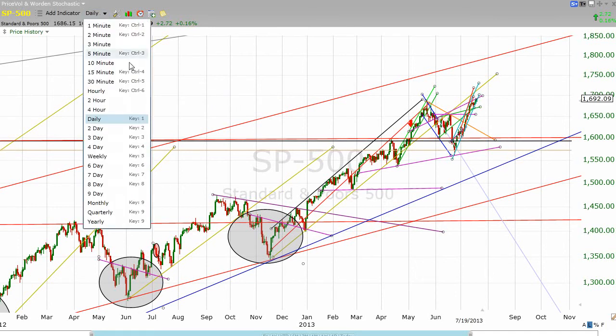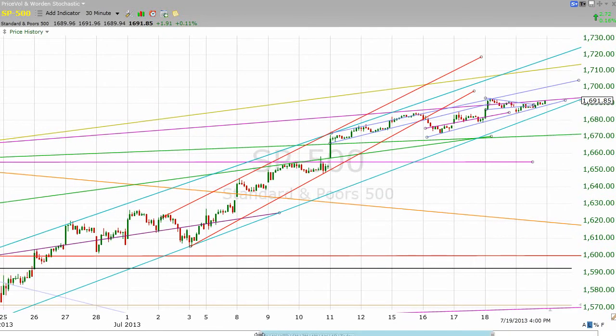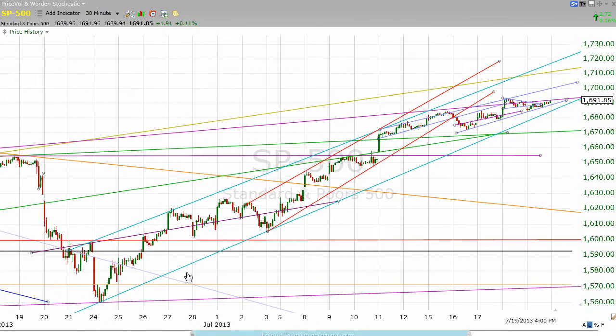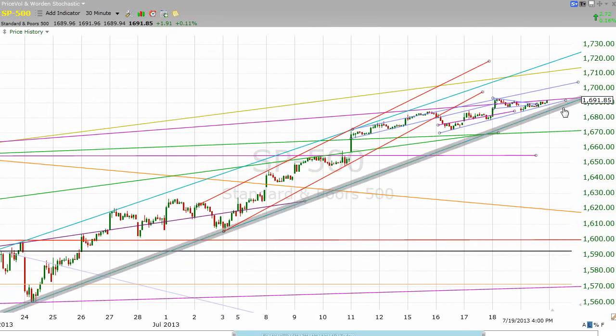Zooming in a bit. We talked about how the S&P has been in this rising channel defined between these two turquoise lines, and we are kind of inching our way towards the bottom line this past week, and we're not that far from it.